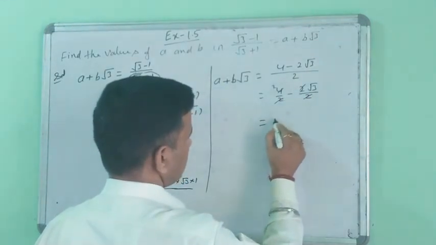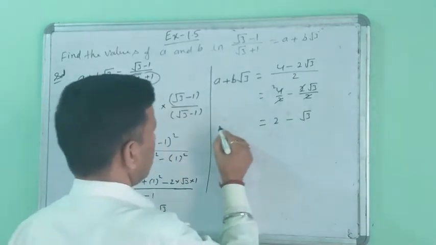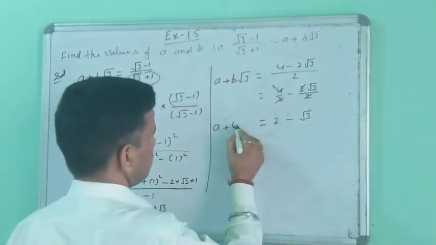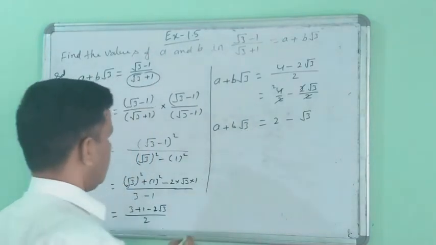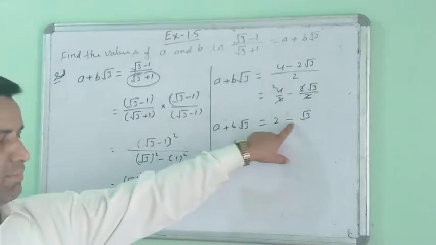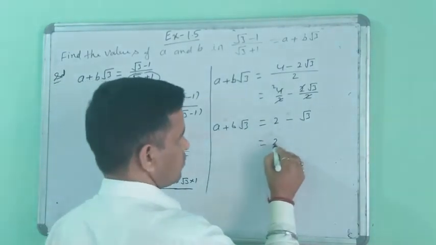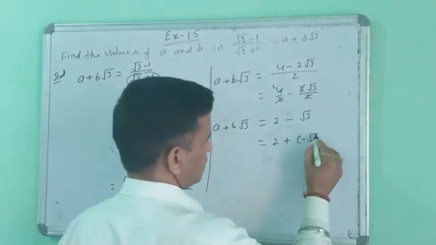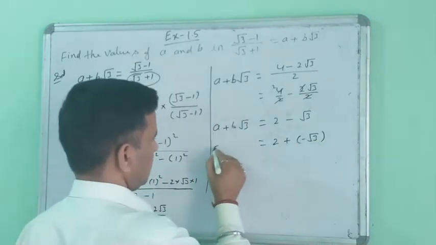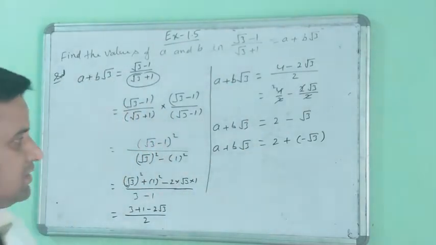What is left here? 2 minus root 3. Here the sign in a plus b root 3 is plus, here the sign is minus. So you will convert it in this way, 2 plus minus root 3, equating both sides.